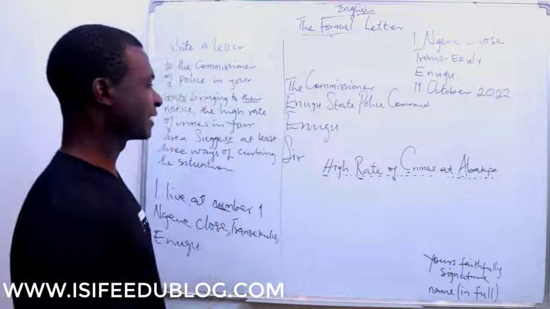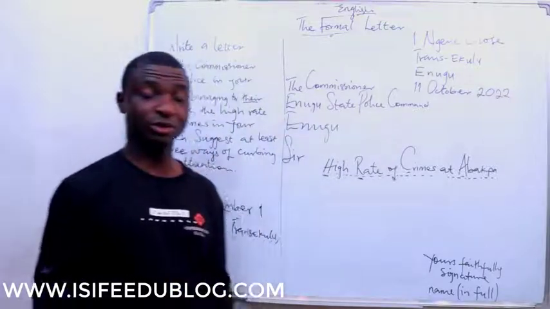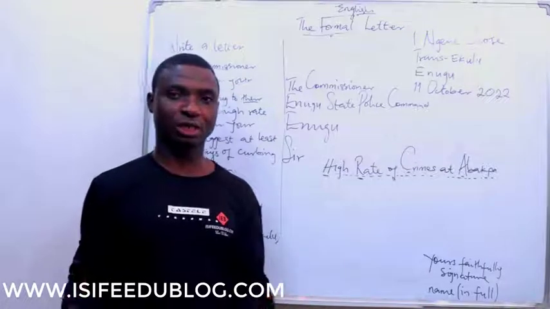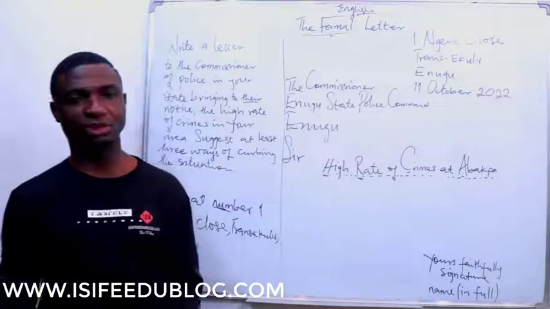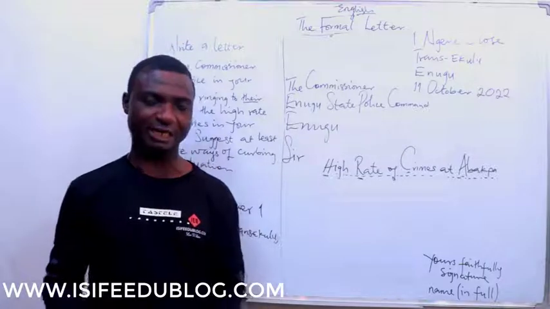So you could start. If, for instance, the commissioner was appointed not long ago, you could start by saying, may I use this opportunity to congratulate you on your appointment as the Commissioner of Police, Enugu State Police Command.